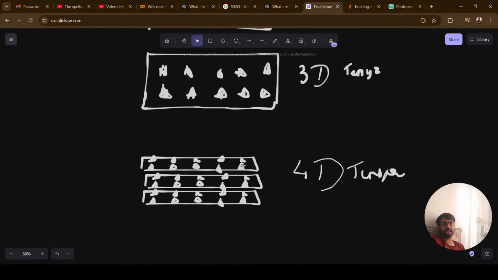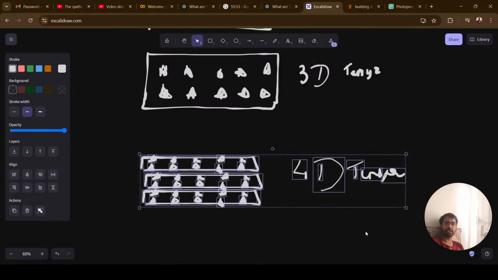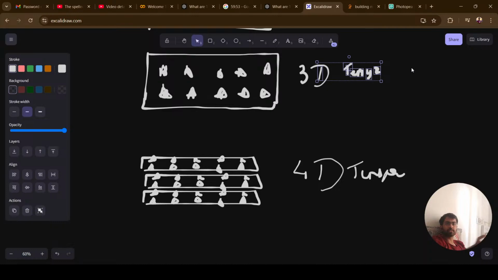Now if these 3D tensors are stacked over each other, let's say I have two areas, area A and area B, and area A has this set of pizza boxes that needs to be delivered. I'll stack these 3D tensors over each other, put them in a box, make a bigger structure and send it to area 1.